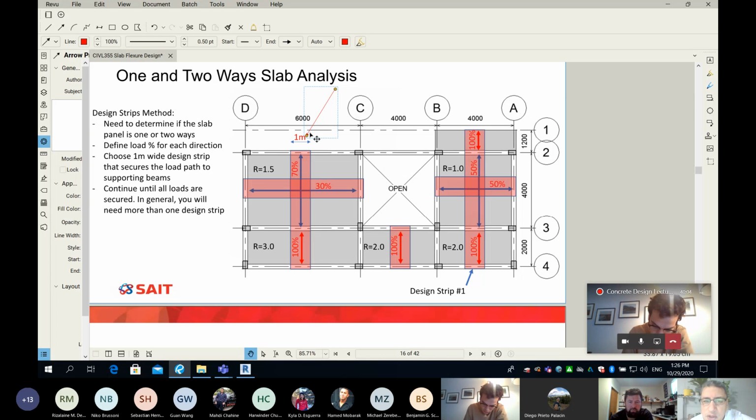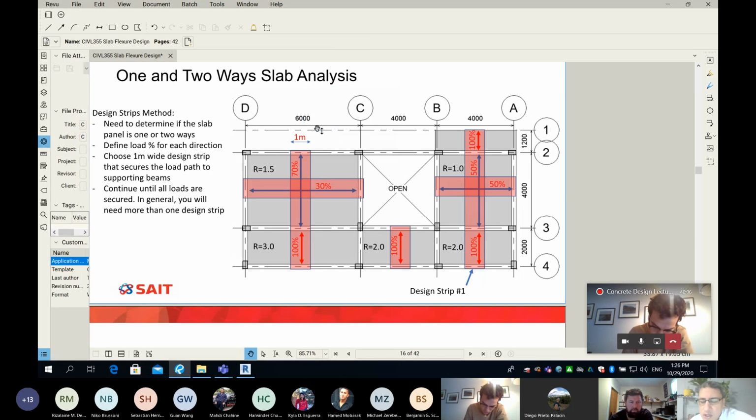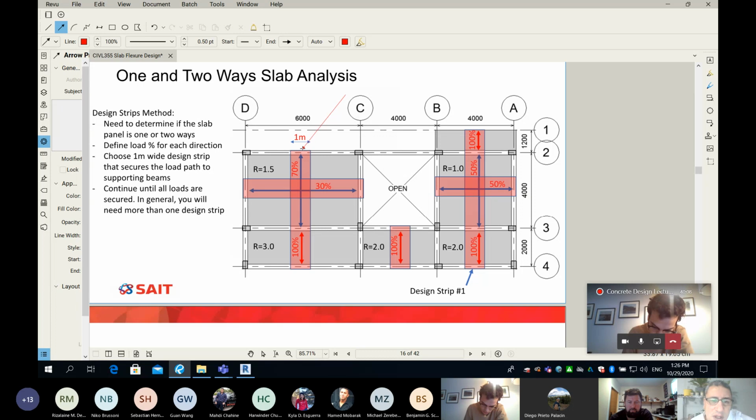Here is my first support point, because my design strip is supported here, and supported over there, and supported over there. So this design strip, or 1 meter wide beam, is supported at 3 points.